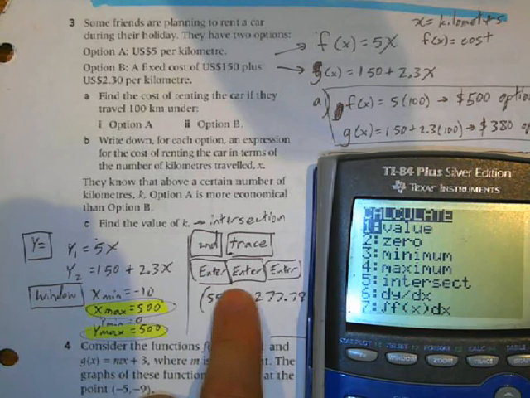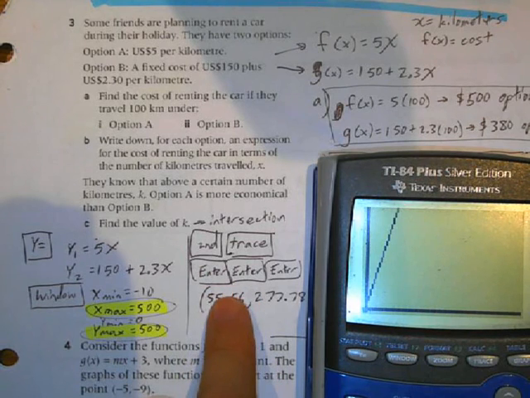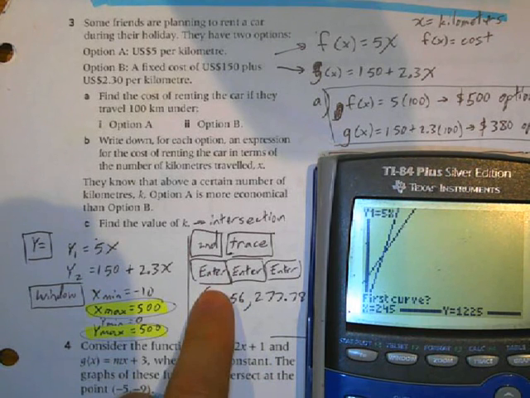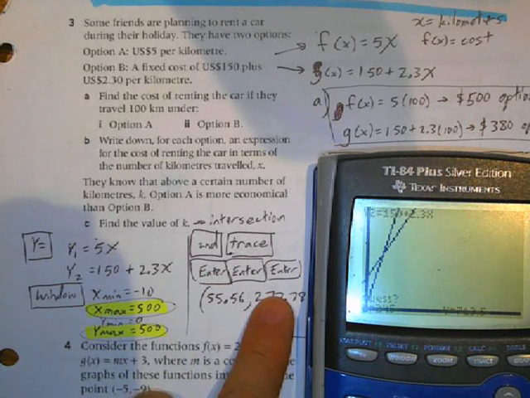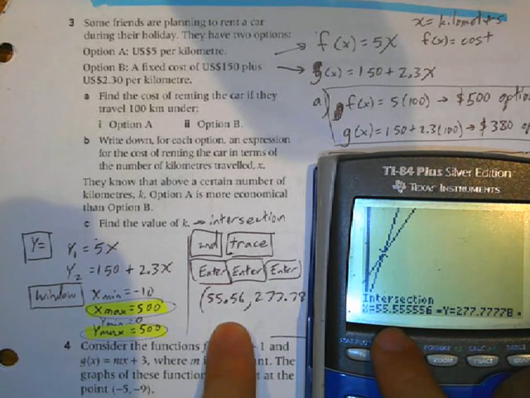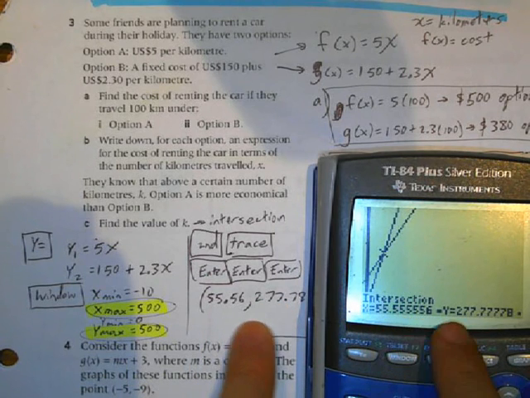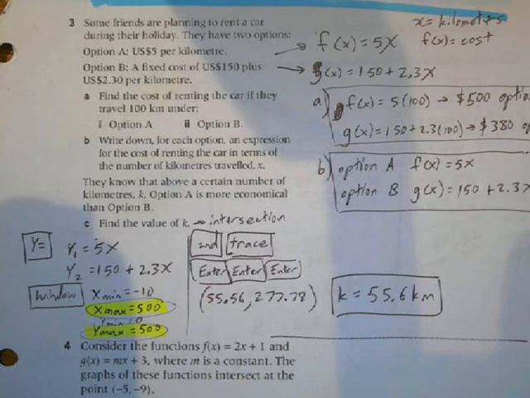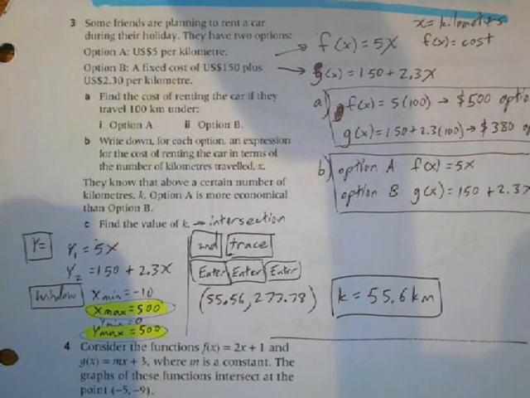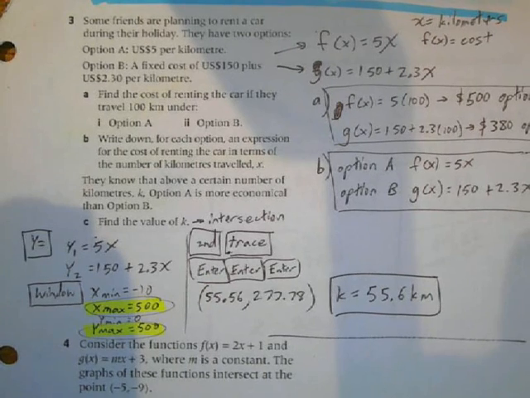I'm going to hit 5 for intersect. Then it says first curve, I hit enter. It says second curve, I hit enter. It says guess, I hit enter. And there's my intersection, 55.56, comma 277.7. You might want to hit pause or rewind to see it again.